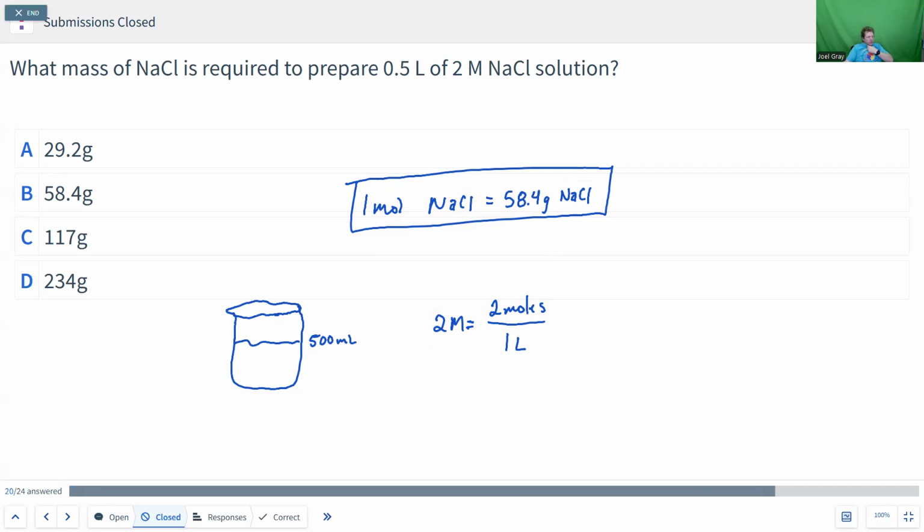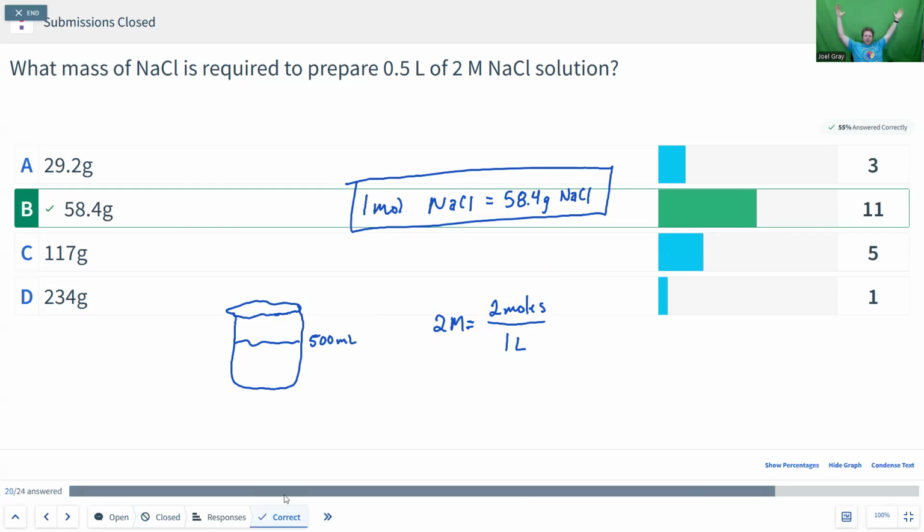Let's see what we got. Great job, everyone. That's pretty darn good. So our process here was we took the volume, 0.5 liters, and what you can do with this is multiply your volume by the concentration, because that gives you the number of moles that you need. In this case, it was a simple 1 mole. And by us knowing the molar mass of NaCl, we knew that the answer was 58.4.